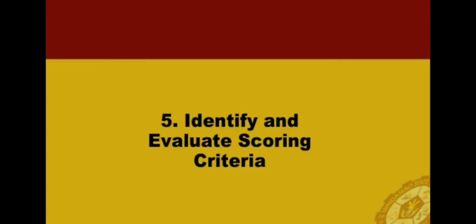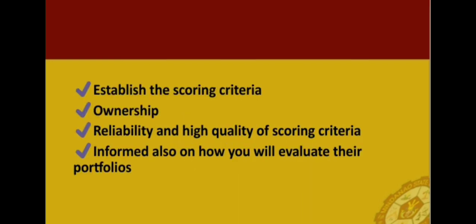The fifth step is to identify and evaluate scoring criteria. After setting student reflection guidelines, the next step is to establish clear scoring criteria to evaluate student performance. Involving students in developing these criteria helps them take ownership of the process and fosters collaboration with the teacher.